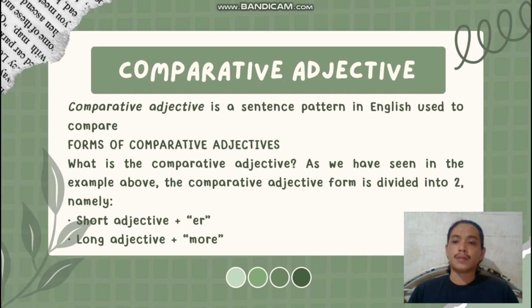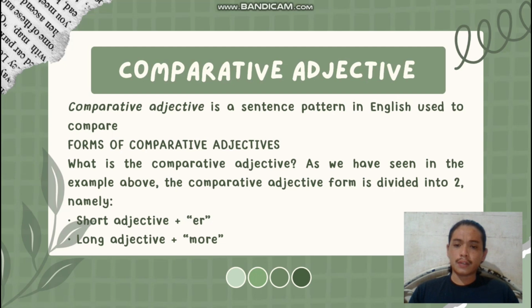Comparative adjective. Comparative adjective is a sentence pattern in English used to compare things. What is the comparative adjective? As we have seen in the example above, the comparative adjective form is divided into two, namely: 1.